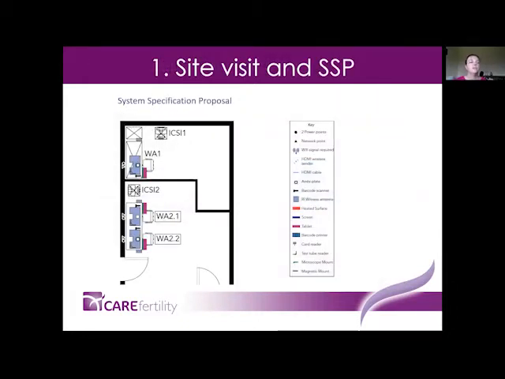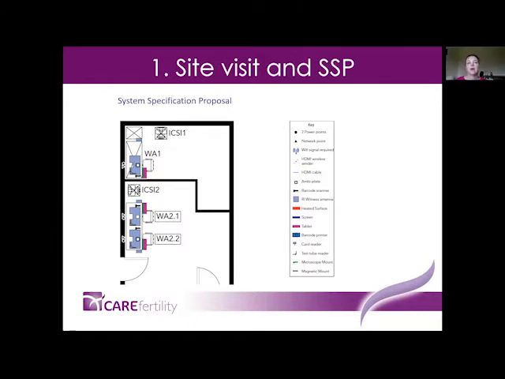So just to talk a little bit about the system installation, the very first process is the site visit and coming up with a site-specific proposal. This involves a visit to the lab, and they look at each of the work areas and work out what you do at each and what equipment you'll need.